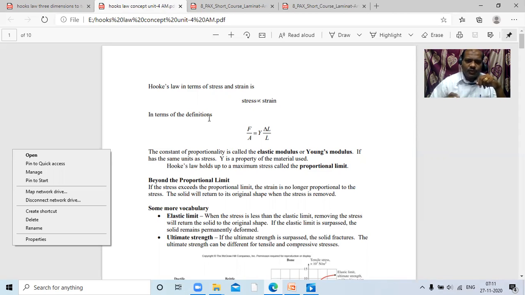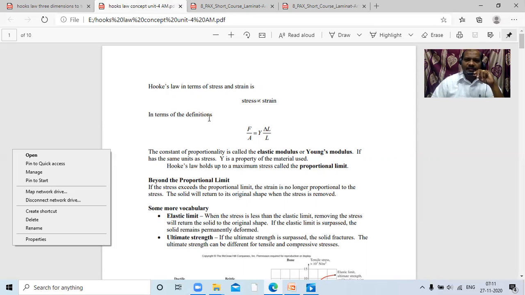Then, as we all know, as I am regularly saying, Hooke's law states that stress is directly proportional to strain within the elastic limit. Hooke's law holds up to a maximum stress point, and that point is called the proportionality limit.